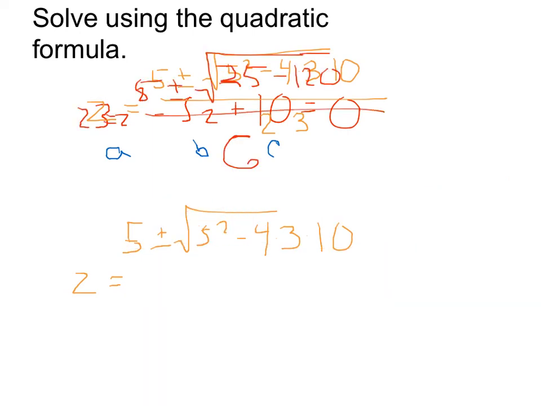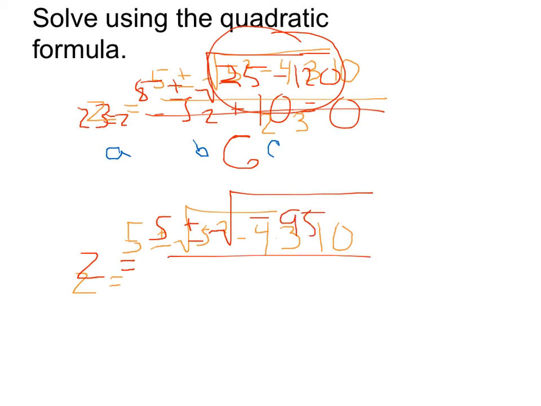So now we need to simplify just a little bit further to find the discriminant, which is this part in the square root. So z equals 5 plus or minus the square root of, and 25 minus 120 is negative 95, over 6.